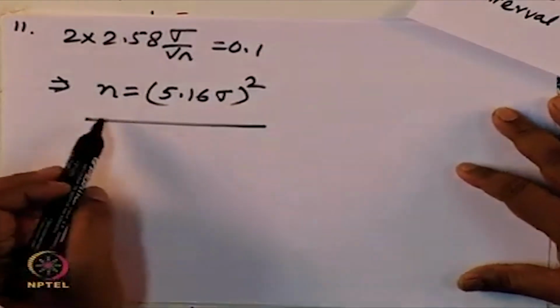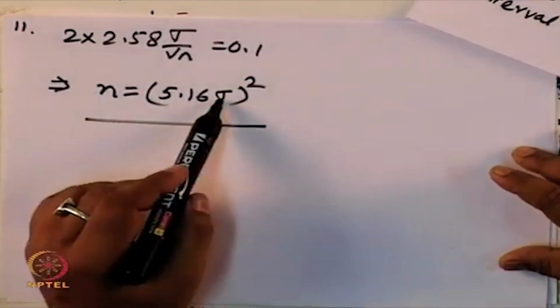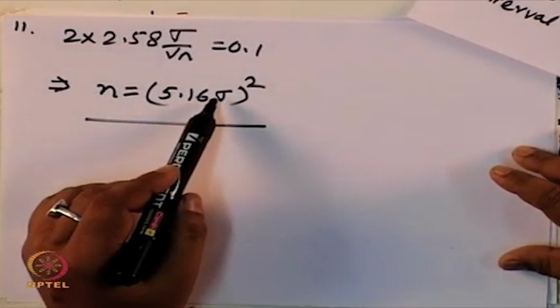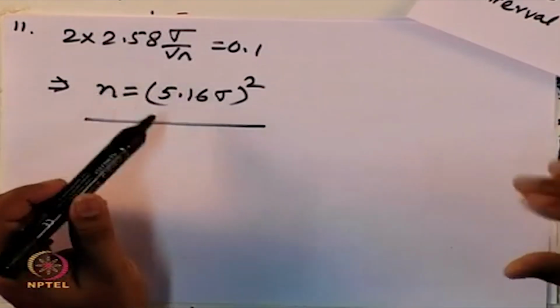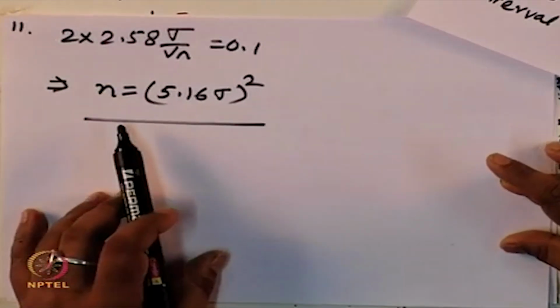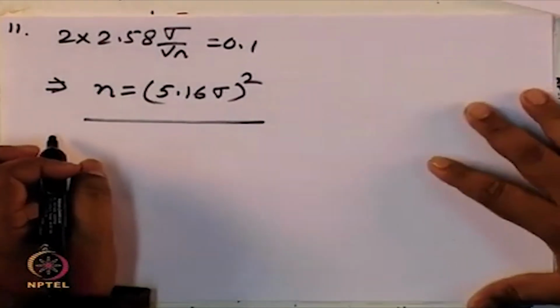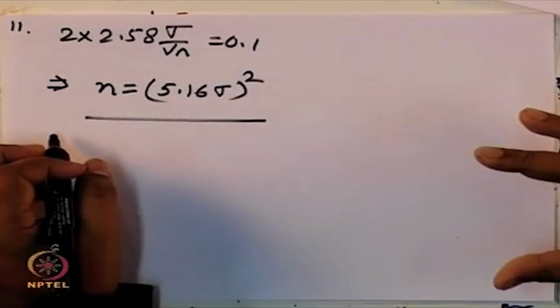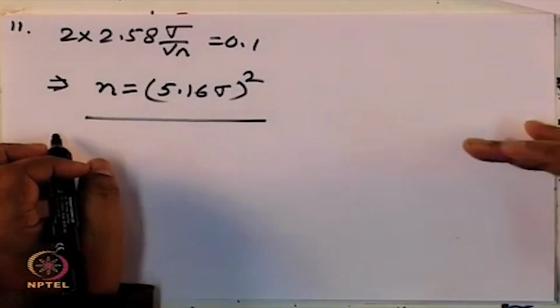So, what you see, your n has a sigma square dependence. If you want the 99% confidence interval to be a certain range, then your n has to be much larger.